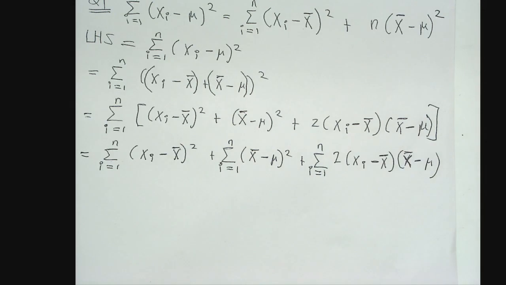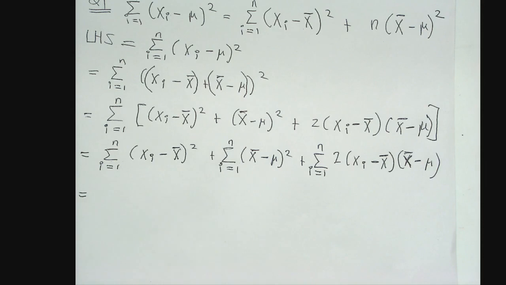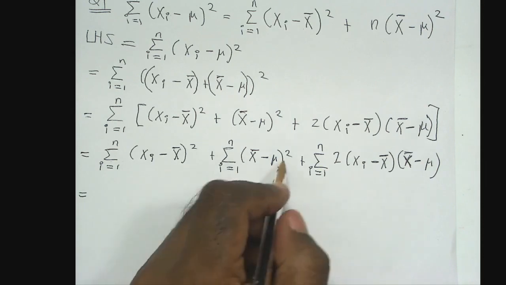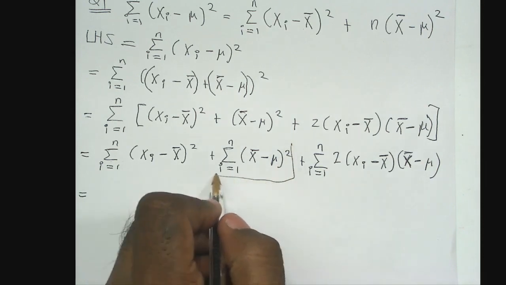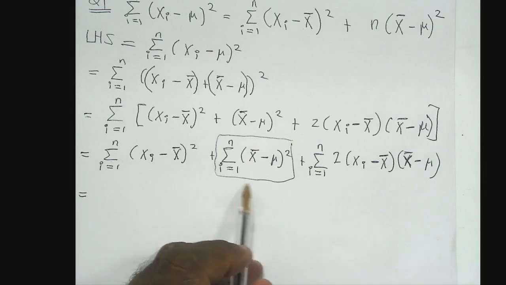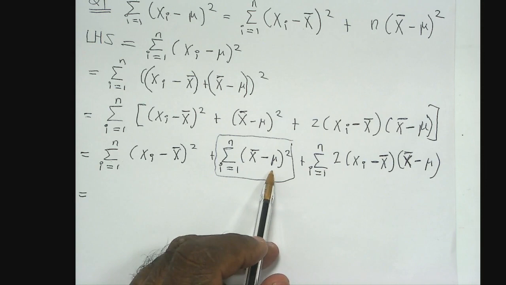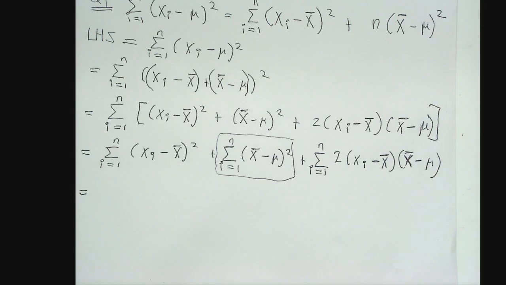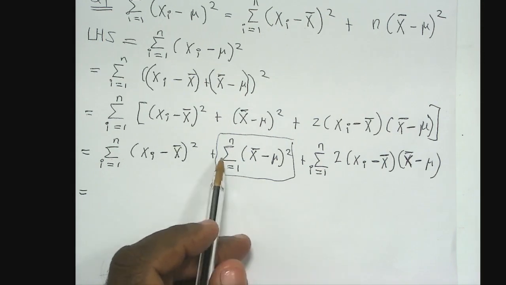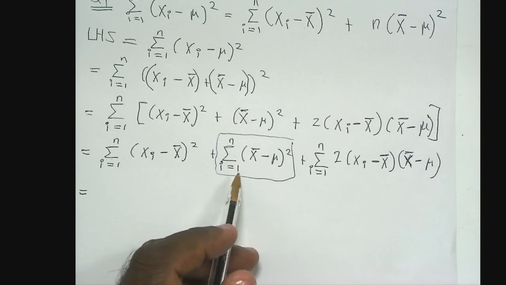Now the next step is, I'm going to ask you, what can you say about this sum here, guys? What you're summing here is a constant, because x bar minus mu squared has no i in it. The sum is over i from 1 to n. You're summing a constant from i equal to 1 to n. So what would you get, guys?